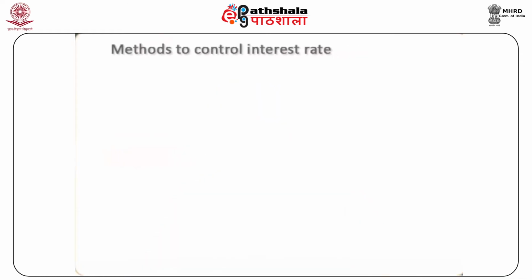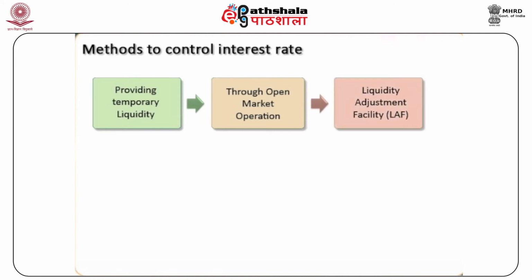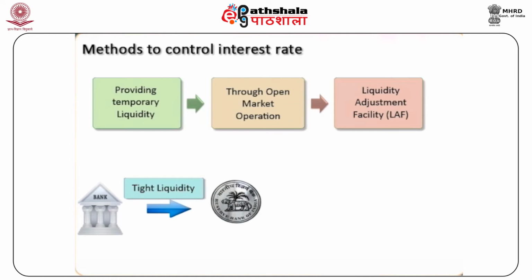Let us study the method used by the RBI to control the interest rates in the economy. The mechanism of providing or sucking out temporary liquidity by the central bank through open market operations is known as the liquidity adjustment facility. During the period of tight liquidity, commercial banks sell securities to the central bank to receive cash, and the opposite happens during surplus liquidity.